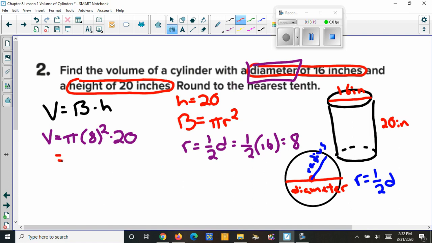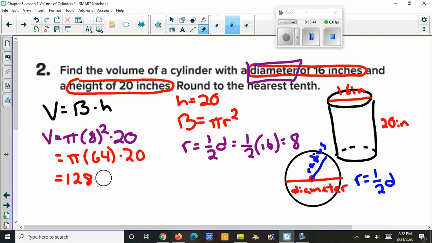We know that 8 squared is 64. I'm going to start with multiplying my two numbers, 64 times 20. That is 1,280. I put this in the wrong order.